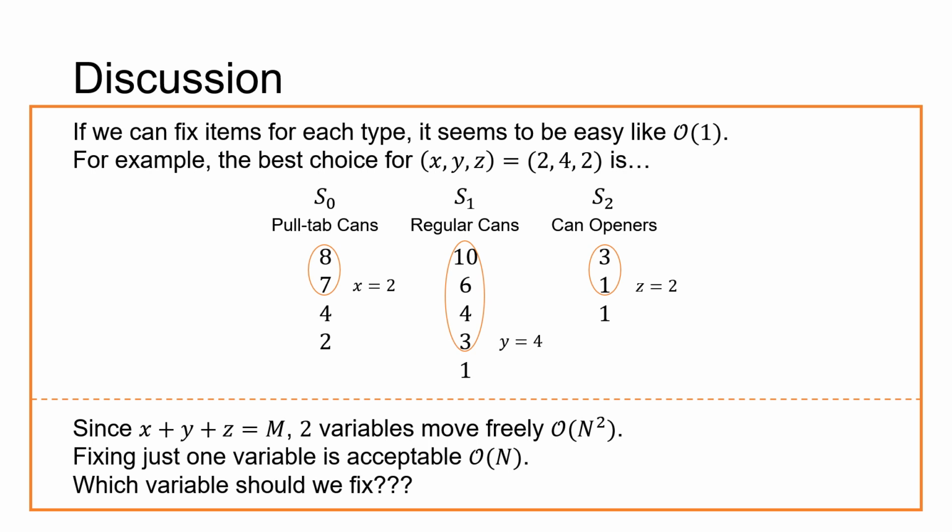Next, we find that if we fix the number of items for each item type, it seems to be easy to calculate happiness. For each item type, the way to achieve the maximum happiness is to choose items from high-valued items.